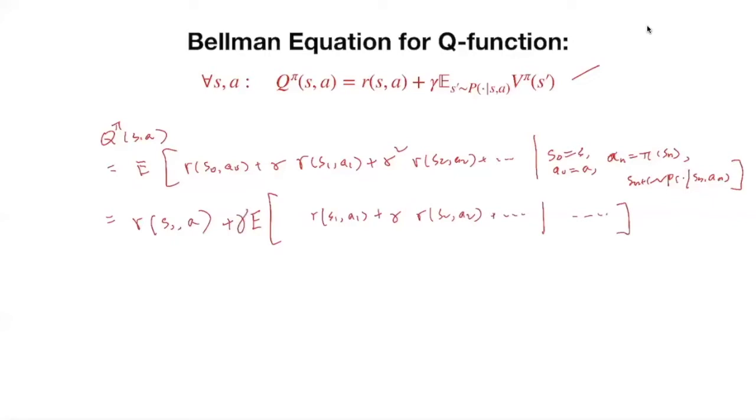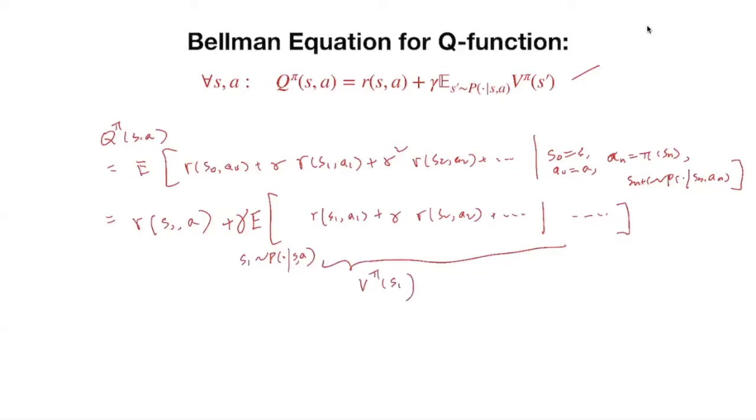Now the stuff inside this expectation looks like some long-term total outcome starting from state S1. And remember, S1 is sampled from P of S, A. So the term inside this expectation is exactly V pi of S1.